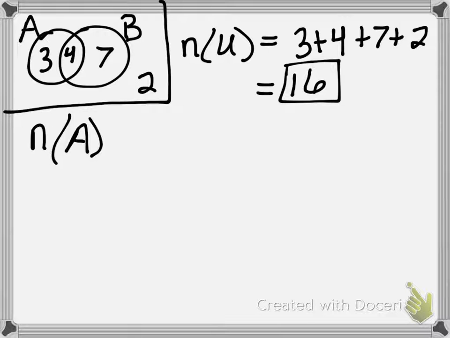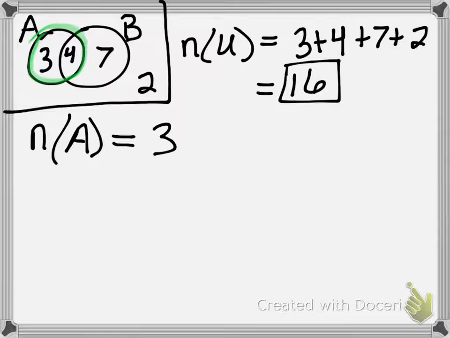Now I can ask how many people are in group A. A very common thing is that people sit there and go, oh, that's just 3 people. But is it? No. There's actually more than the 3. Group A includes this entire circle.